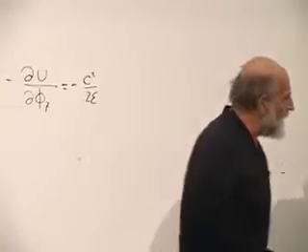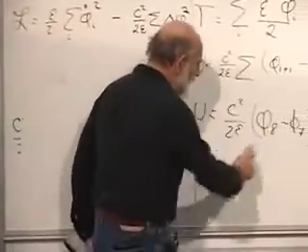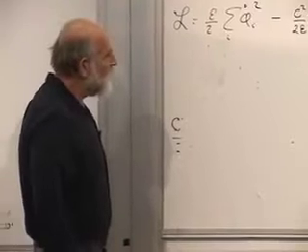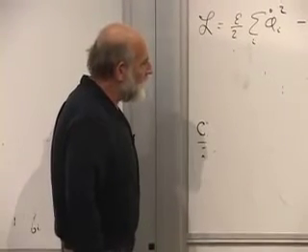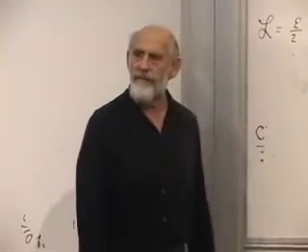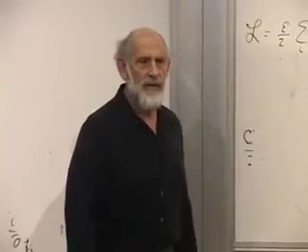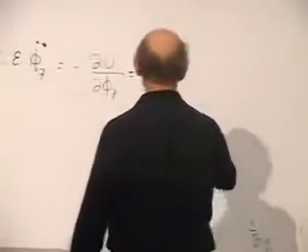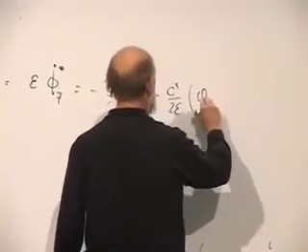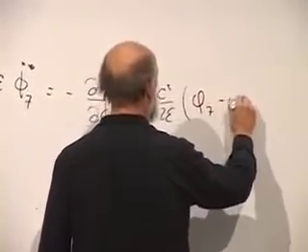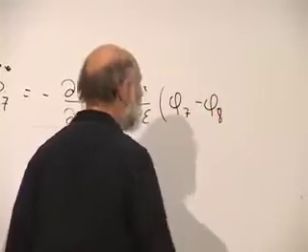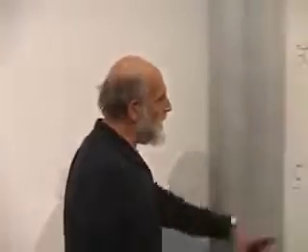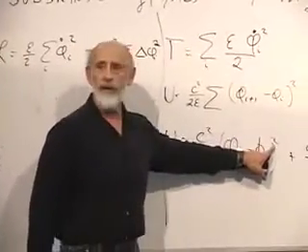Well, wait a minute. It doesn't matter whether we write phi 7 minus phi 8 or the other way, let's see. I think it's phi 7 minus phi 8. Right. So it's phi 7 minus phi 8. No 2. The 2 from down here cancels the 2 when I differentiated.